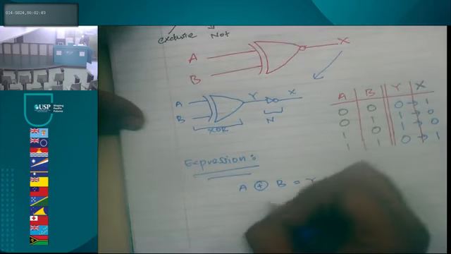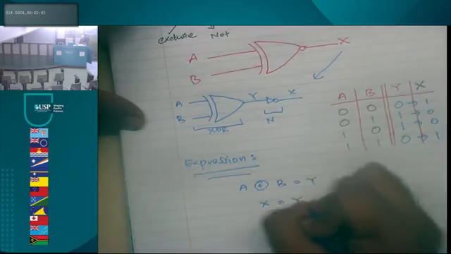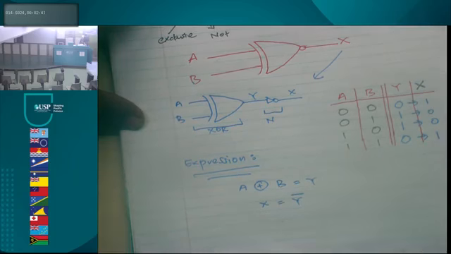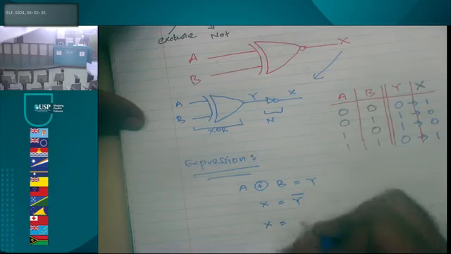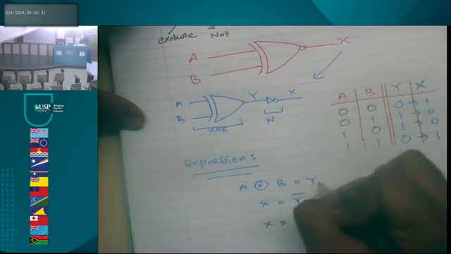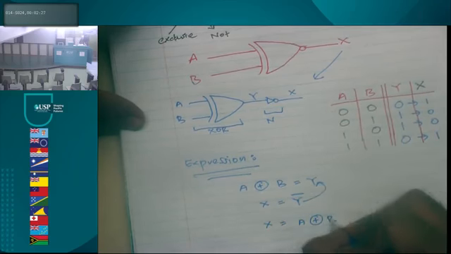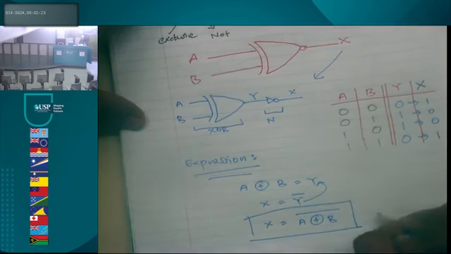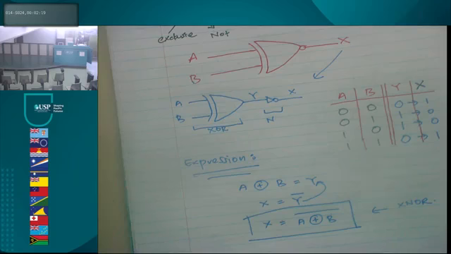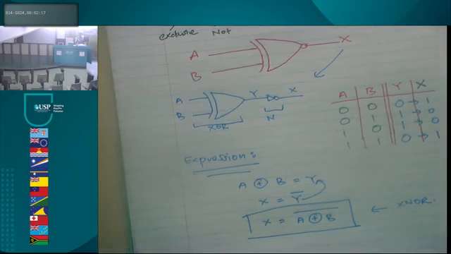So our X will be Y not, right? Is it right? And then it's basically, we're just signifying Y, okay? B with that big notch there. So this is your expression for X. You guys understand? All good?